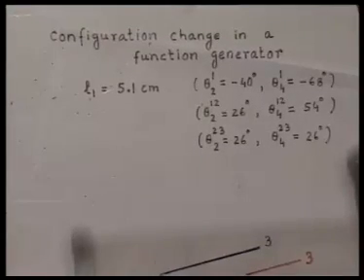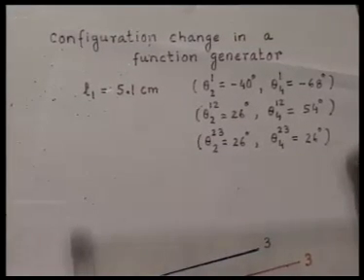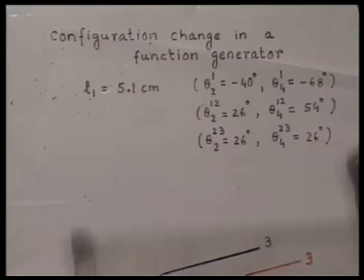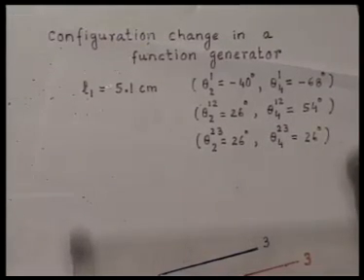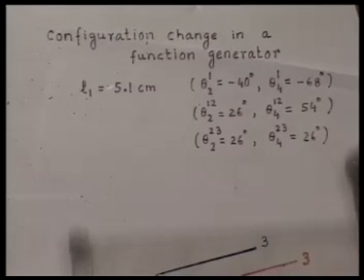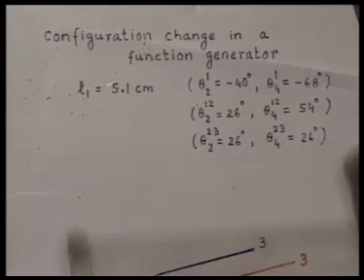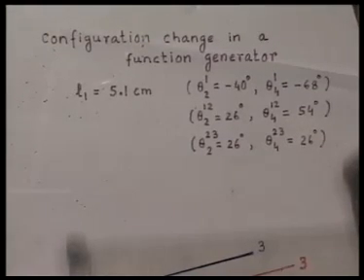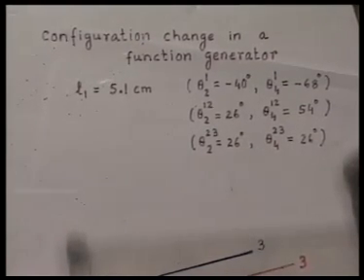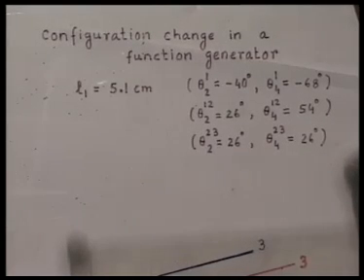Let us now look at the model which has been designed with the values that we have just obtained. We said theta 2 1 is minus 40 degree, theta 4 1 is minus 68 degree, theta 2 1 2 is 26 degree, theta 4 1 2 is 54 degree, theta 2 2 3 is 26 degree, and theta 4 2 3 is again 26 degree.